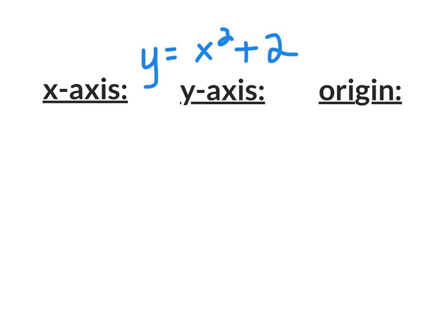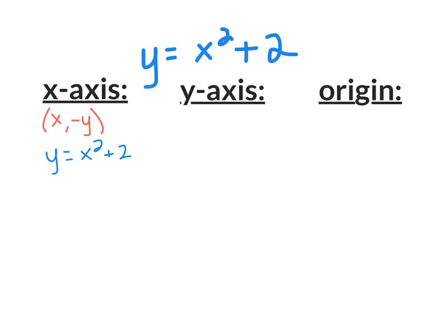So if you take a look at this example, let's go through each case. Now remember, the x-axis says that if we replace our y value with a negative y value, and we get the same exact equation back, then it's going to be symmetric about the x-axis. So let's try it out. I'm starting with our y equals x squared plus 2 function.